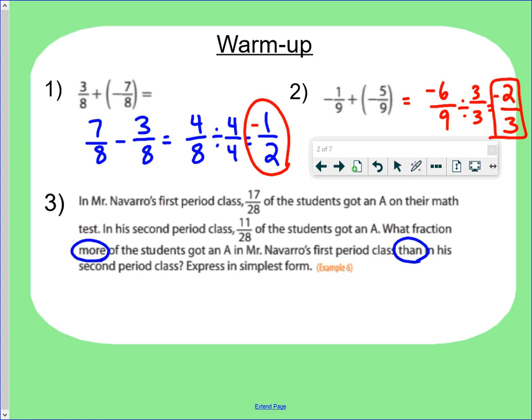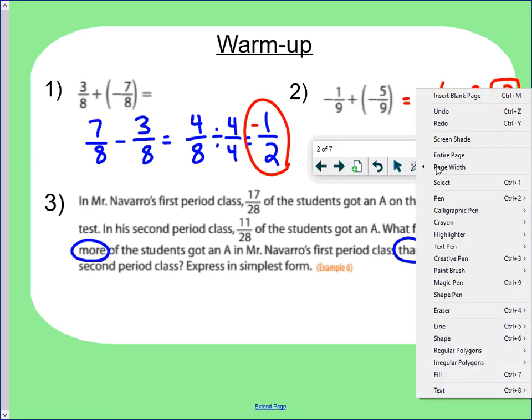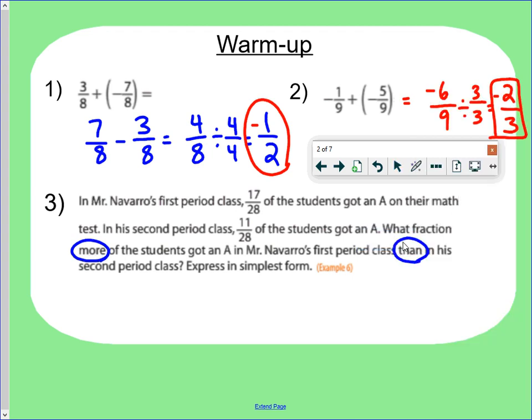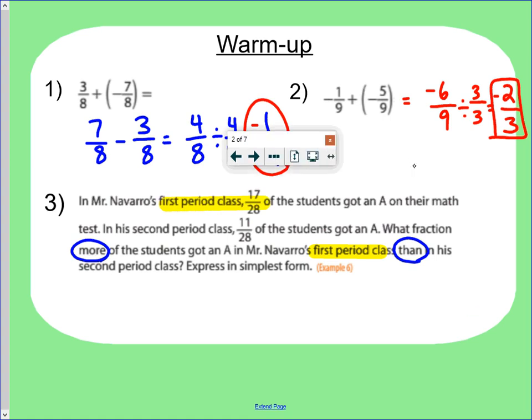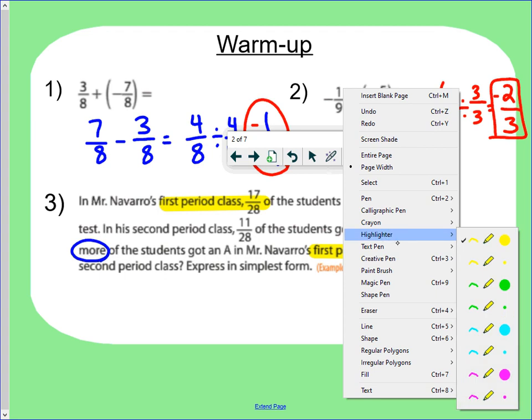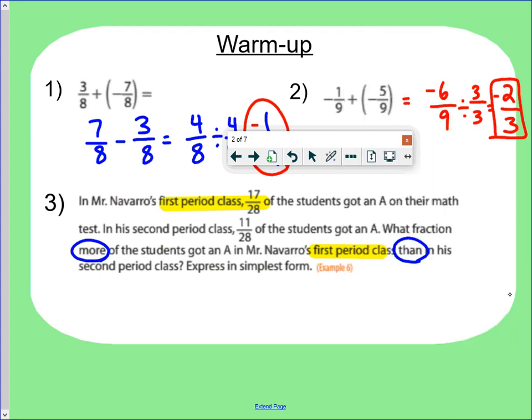First period class, let's get our highlighter out here, is this one. And our second period class is this one. We're going to subtract these because it's more than.